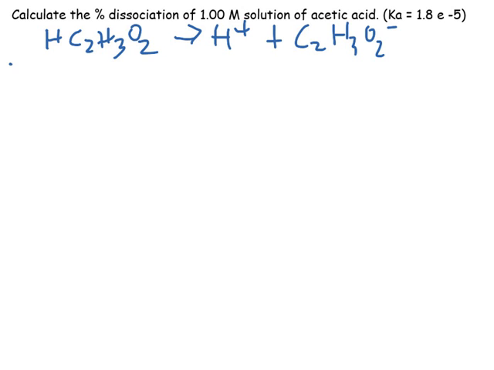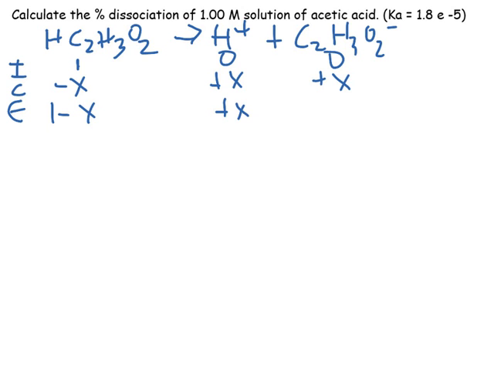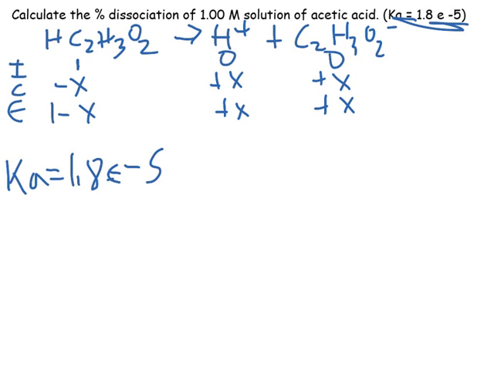So let's make our ice table. So that's going to be 1, that's going to be 0, that's going to be 0, that's going to be minus x, plus x, plus x. And here are the equilibrium concentrations. So once again, we know what Ka is, so let's solve this. X squared over 1 minus x.